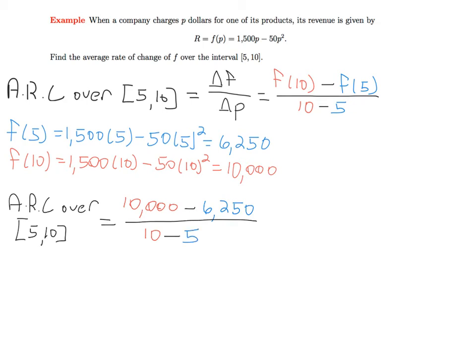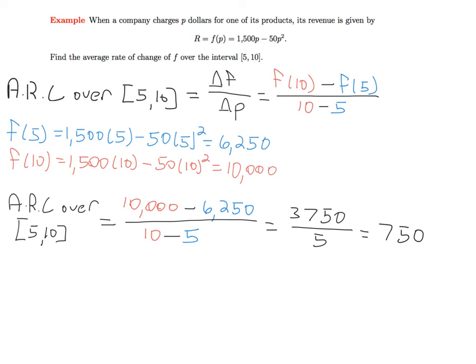And so simplifying the numerator and the denominator, we have 10,000 minus 6,250 gives us 3,750. That's the change in the revenue, divided by 5. That's the change in the price. And this gives us 750.